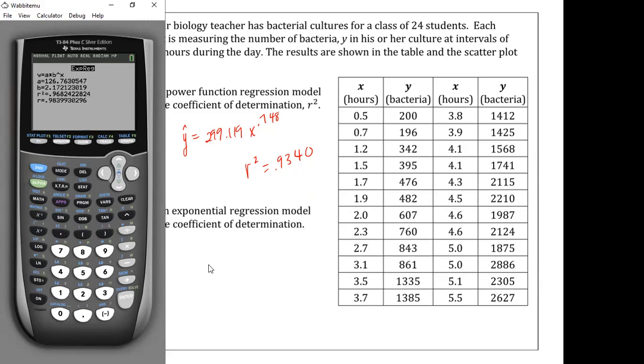So now for this one, it says y equals 763 to the x. And what is its R squared?